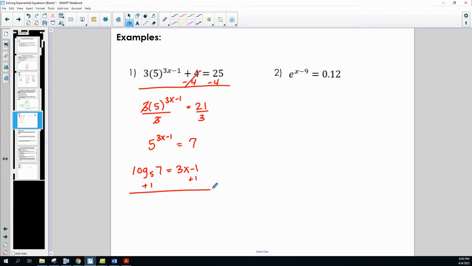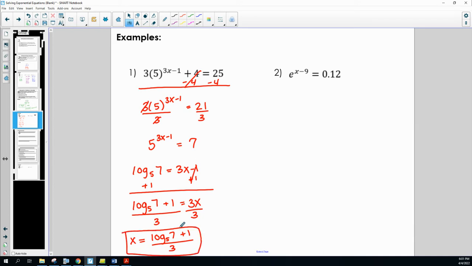When we add 1, we're not actually adding 1 to the 7. So this does not become log base 5 of 8. It's log base 5 of 7, which is a number, and then we're going to add 1 to that number. Now we want to get x alone, so we divide by 3. So our exact answer would be log base 5 of 7 plus 1 over 3.